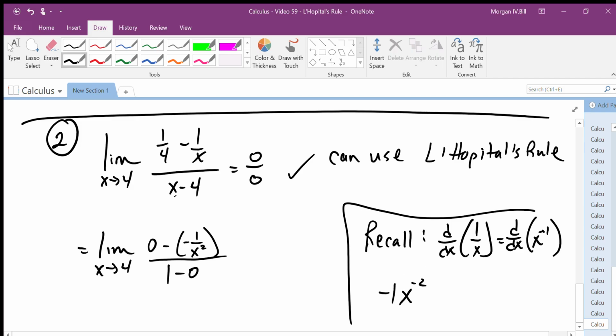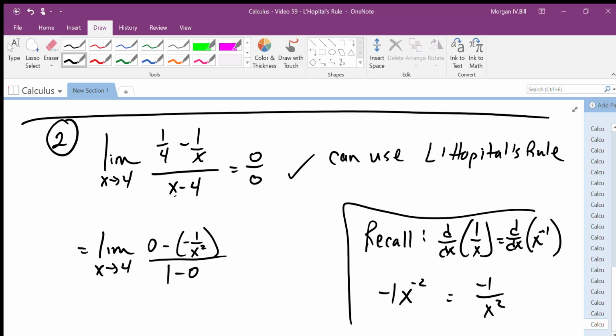That's the derivative of x to the negative 1, which we could rewrite as negative 1 over x squared. So that is where I'm getting this negative 1 over x squared. And honestly, we use the derivative of 1 over x so often that just knowing it is negative 1 over x squared can save you some time without having to go through these steps each time.